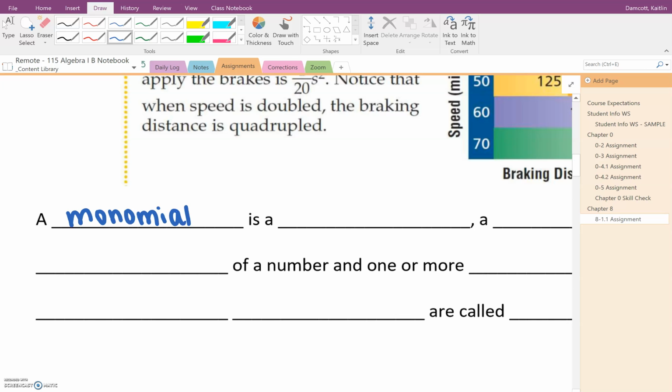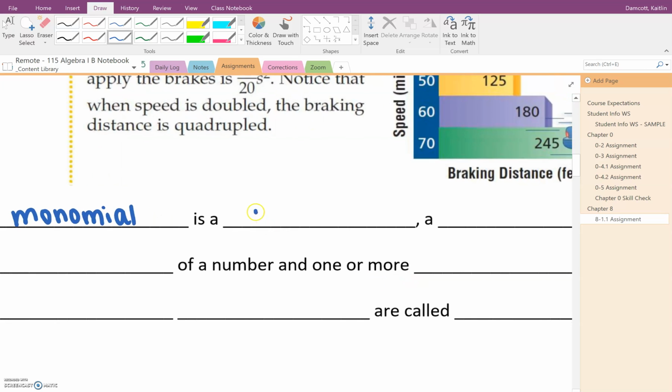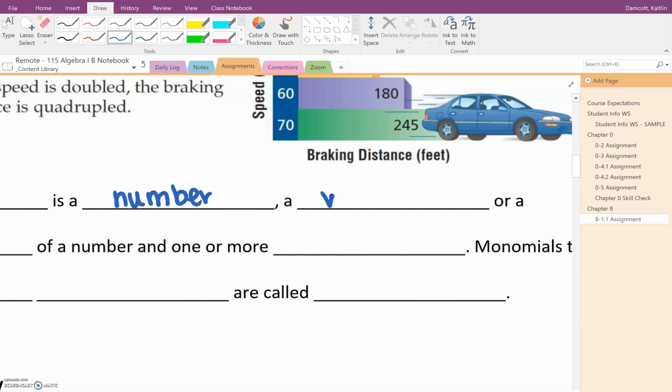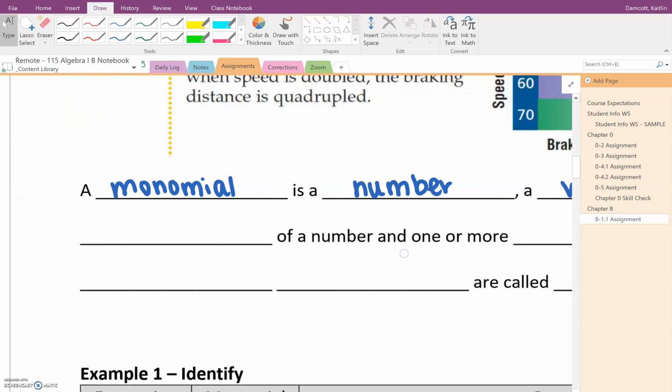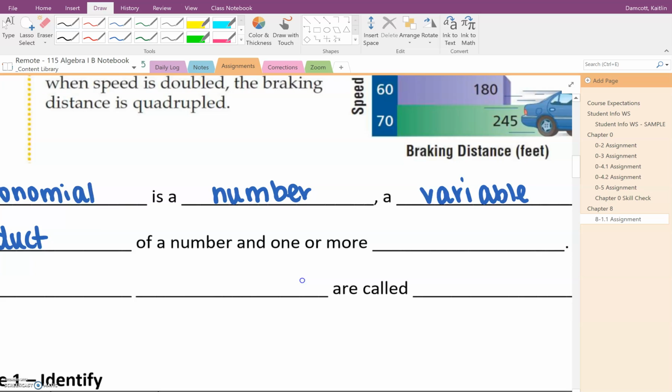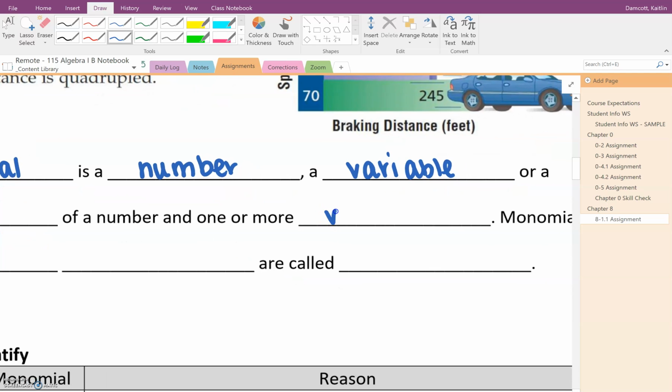So a monomial is a number, a variable, or a product, meaning like a multiplication problem, of a number and one or more variables.